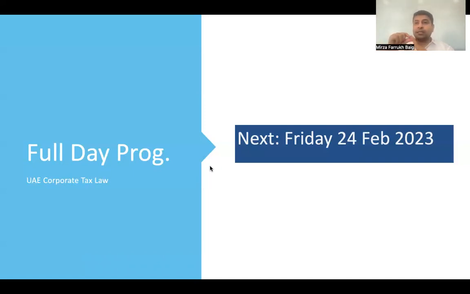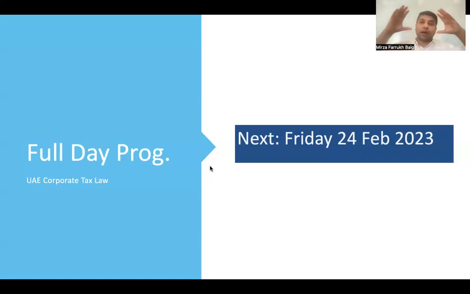Second is your interest expense. First you will subtract the interest income from the interest expense. The balance amount can only be claimed up to 30% of your accounting EBITDA. Afterwards we have certain exempt income and so on and so forth.